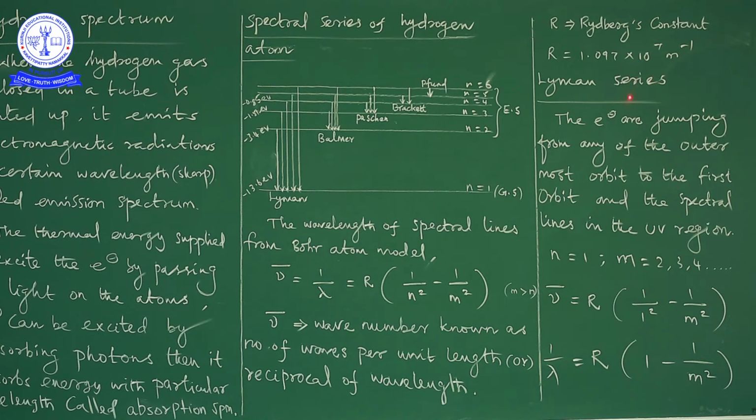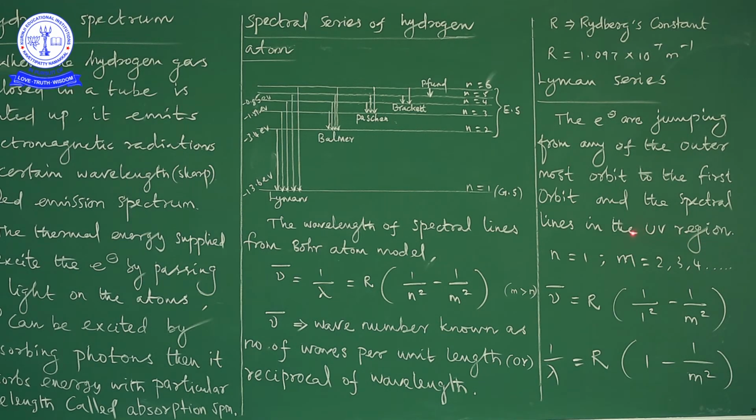Now let us see one by one the spectral series of the hydrogen atom. The first series is the Lyman series. What is the meaning of the Lyman series? The electrons jump from any of the outer orbits to the first orbit, and the spectral lines are in the UV region. UV is the ultraviolet region.